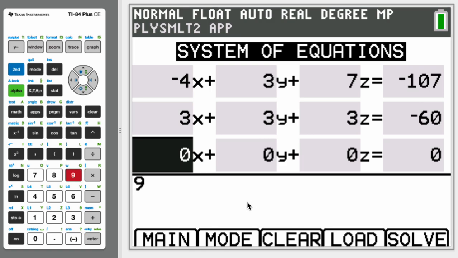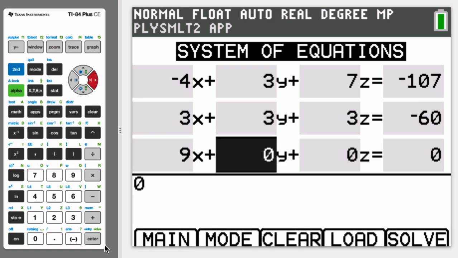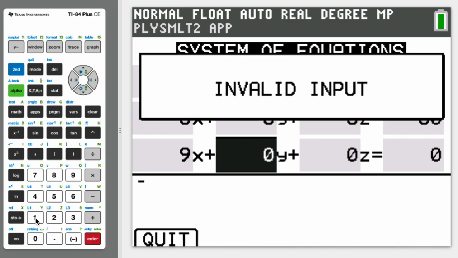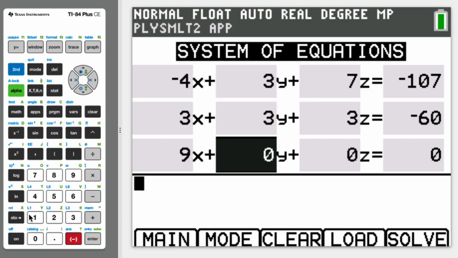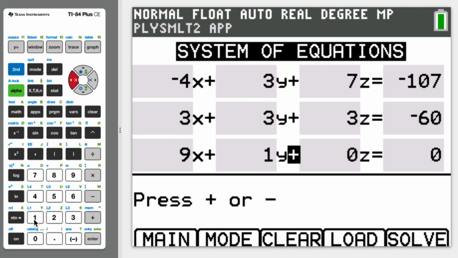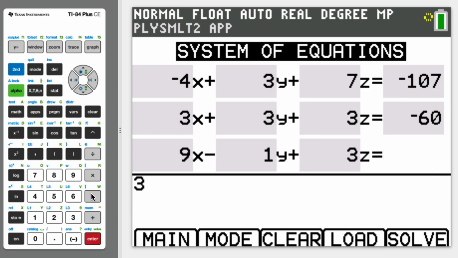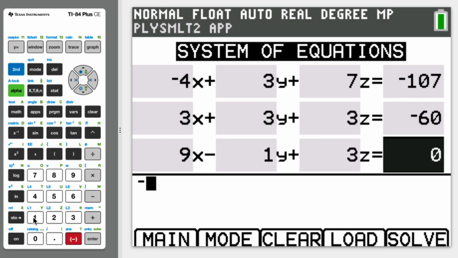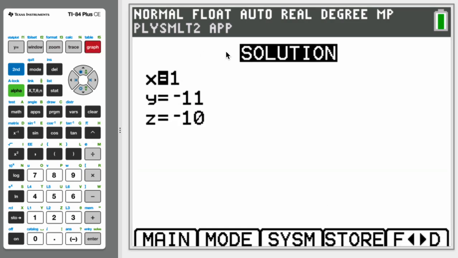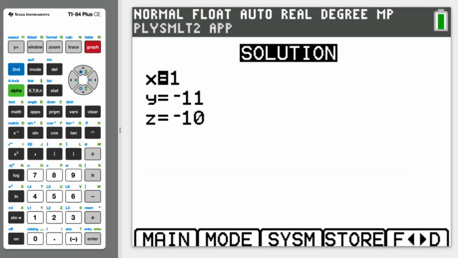So 9x, -1y, 3z, oops, here we go, -1y, 3z, and that's equal to -10. And then again, I'm going to solve, and I have my 3 solutions. So you can use your simultaneous equation solver to do that.